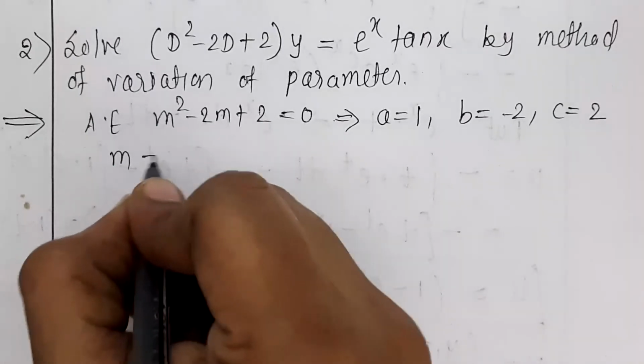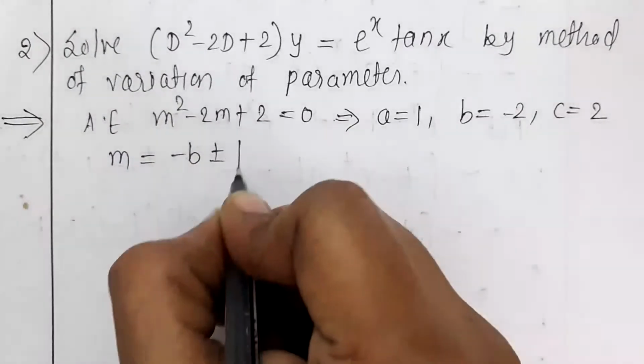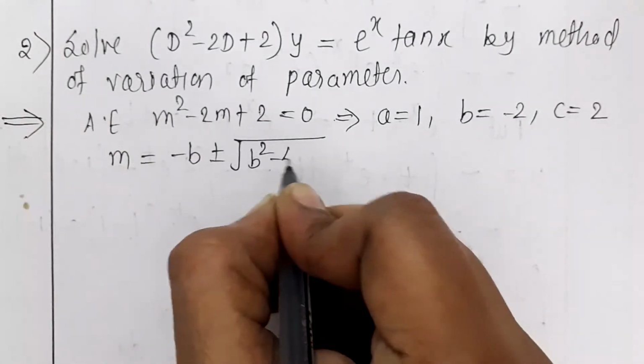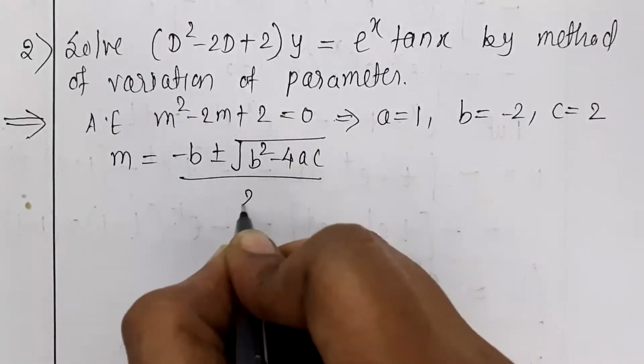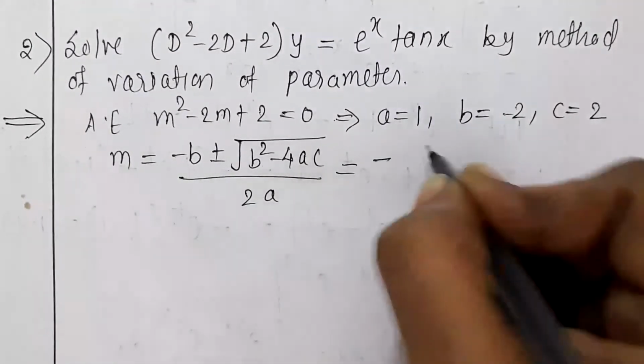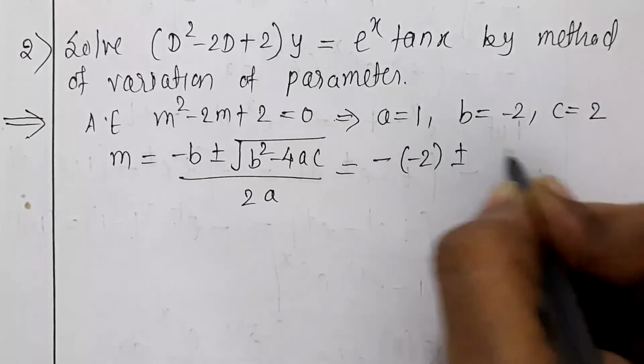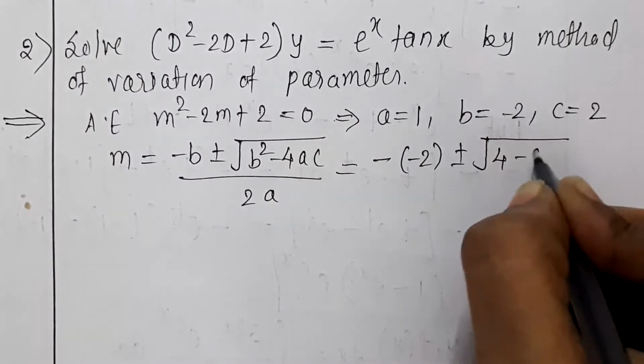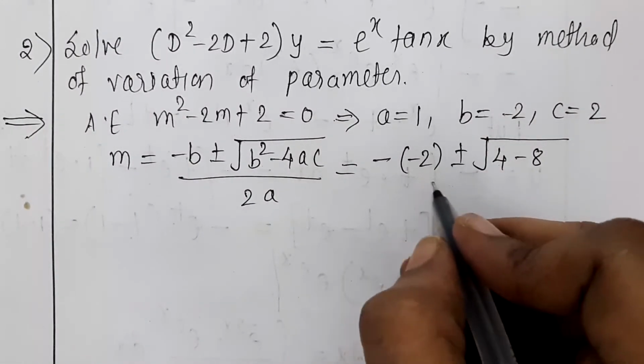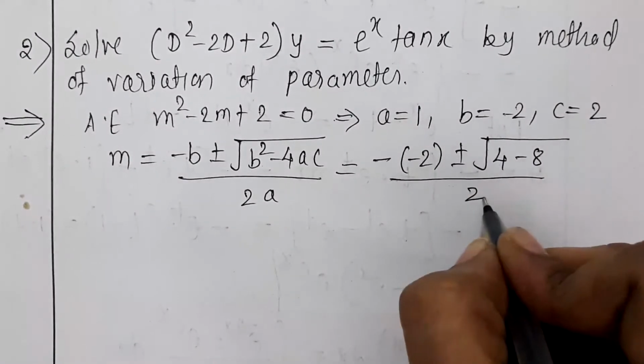m is equal to minus b plus minus square root of b square minus 4ac divided by 2a, which is equal to minus of minus 2 plus minus square root of 4 minus 8 divided by 2.